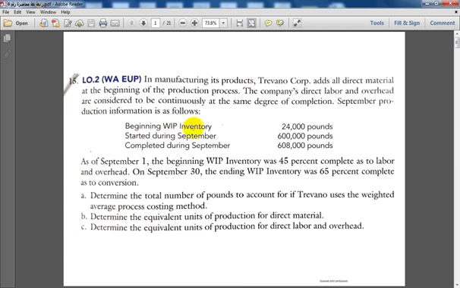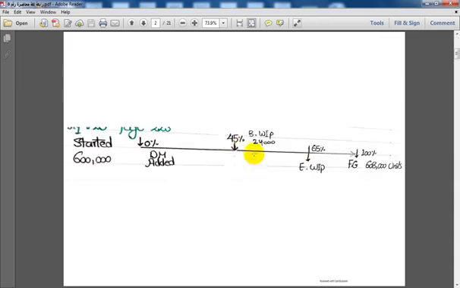Beginning work in process inventory, 24,000 pounds, was 45% complete. So at 45% we have beginning work in process, 24,000 pounds. Beginning work in process is treated as input.